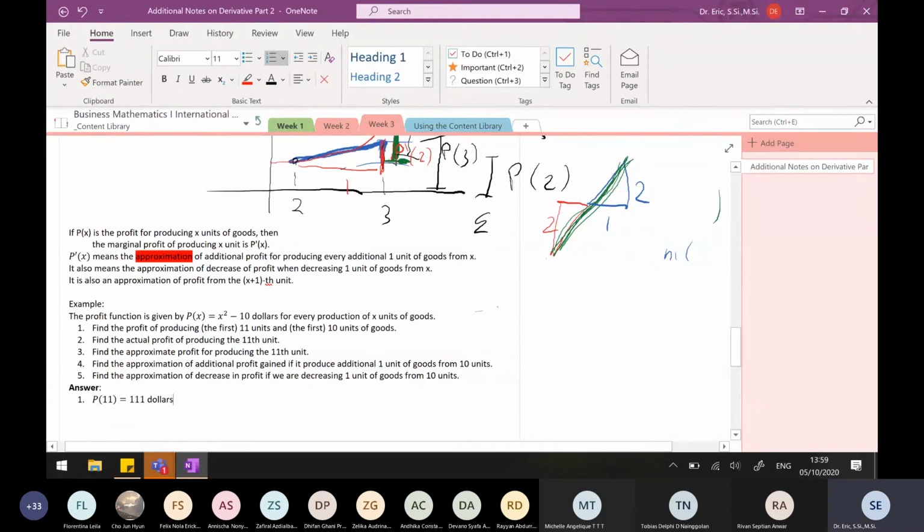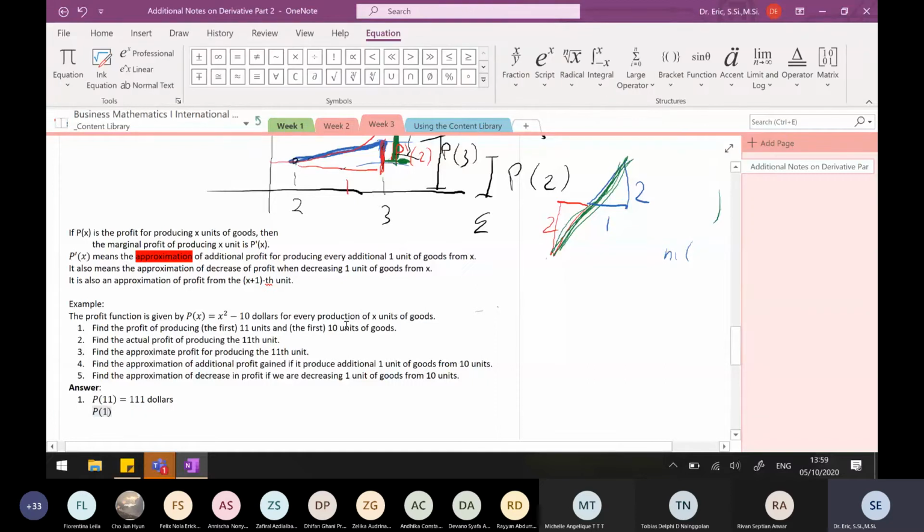And for the first 10 units of goods, we usually omit the word first, because it is assumed that you understand. So P10 is given by 10 squared, 100, minus 10, which gives you $90.